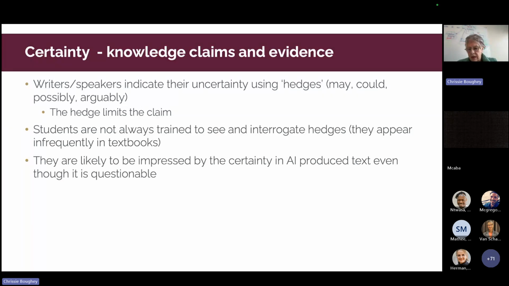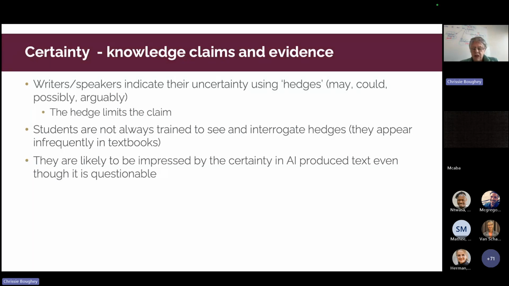They can be more than words, they can be phrases, like it could be argued that, it might possibly be the case that. So may, could, possibly, arguably are all examples of hedges. And what hedges do is they limit a knowledge claim.